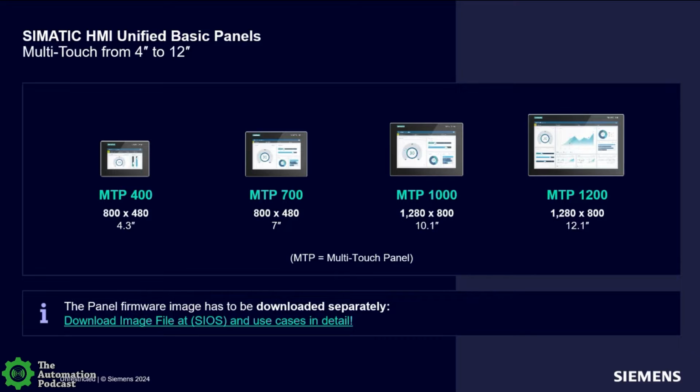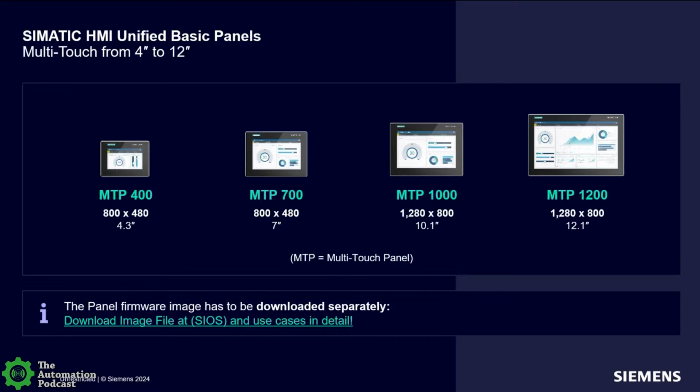Now, I want to clarify because we're really going to focus on Unified Basic Panels. What is the minimum version? I think I know the answer, but I want to ask you, what is the minimum version to work with these brand new panels? These were released at the tail end of last calendar year when we had version 18, update 3.